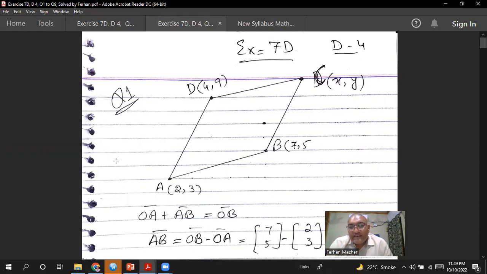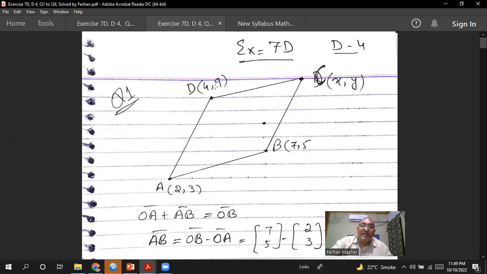There is another thing which is called position vectors. For example, if the coordinates of A are given to you, the position vector of A will be the vector OA, in a column vector. I will write that as (2, 3). The coordinates of point B are given, so its position vector is OB, that will be (7, 5) in column vector form.